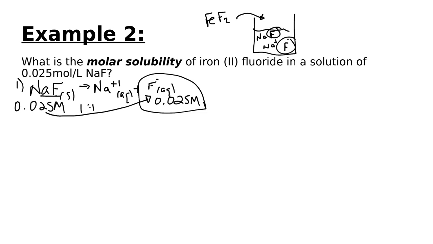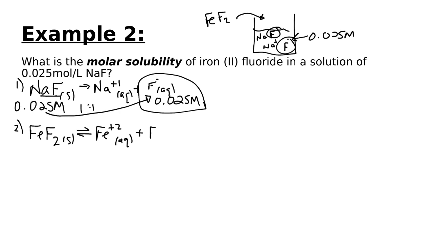And this is very important that we obtain that concentration initially because we now need an ice chart. Remember, in here this initial concentration is now 0.025 molar. I now have an initial concentration of that fluoride ion. So we go back to the substance in question, which is FeF2, and we are asking, what is the solubility of this now when we have some sodium fluoride in the beaker already?